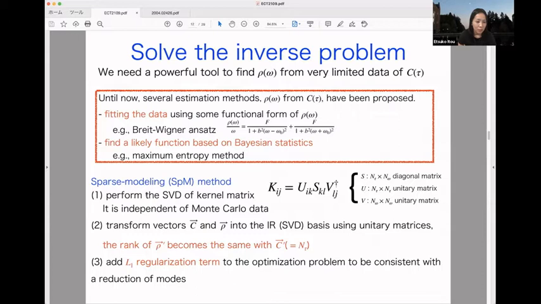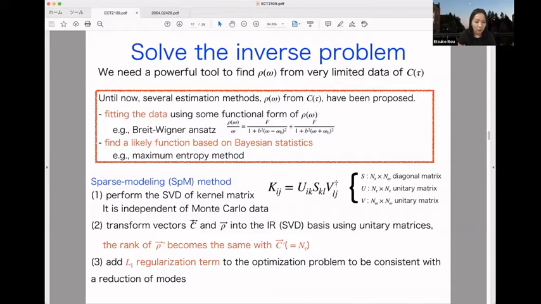First of all, we perform the singular value decomposition of this kernel matrix. As I explained, it is independent of the Monte Carlo data, so the property of the singular values is independent of the Monte Carlo data.